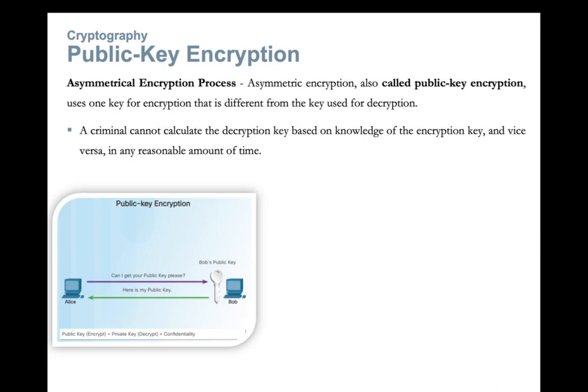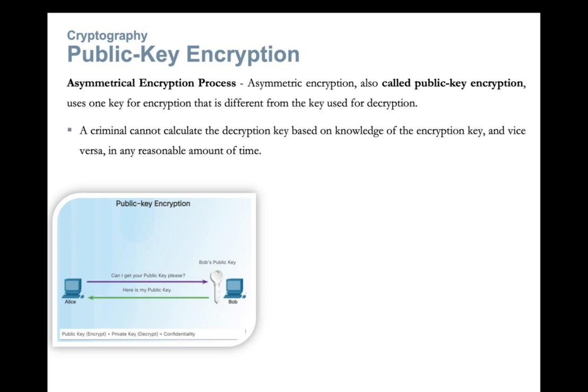When Alice receives the padlock, she writes her secret message and puts it in a small box. She also puts her open padlock in the box but keeps her key. She then locks the box with Bob's padlock.